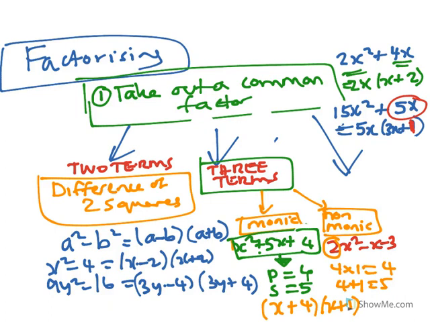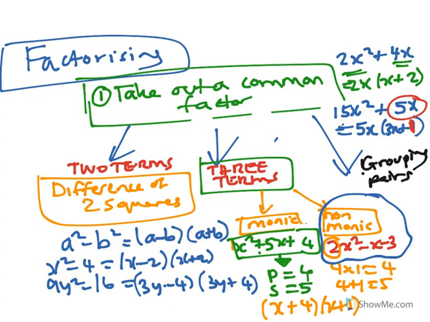So the next thing we're going to be doing today is non-monic. I'll show you how to do that. And we also need to do grouping in pairs. Basically you use that one when you have 4 terms.